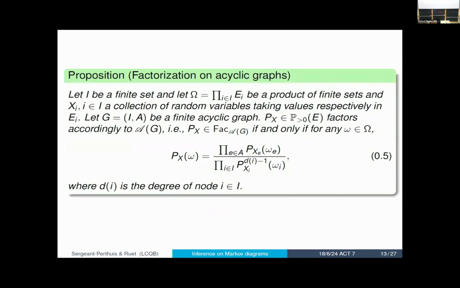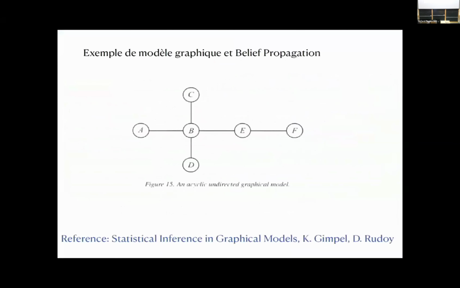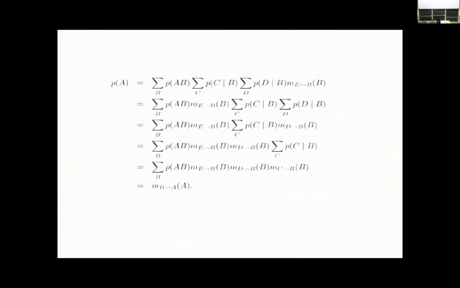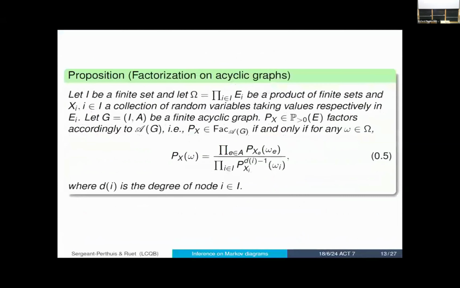So take the example of the line here, pxy, pyz, marginal distributions. The pxyz equals pxy times pyz. That's not completely correct because you counted y twice. You need to divide by py. So this is exactly what this formula is telling you. You just do the product of the marginal distributions on the edges, but you need to take out the number of times you counted too much the marginal distribution of the node.